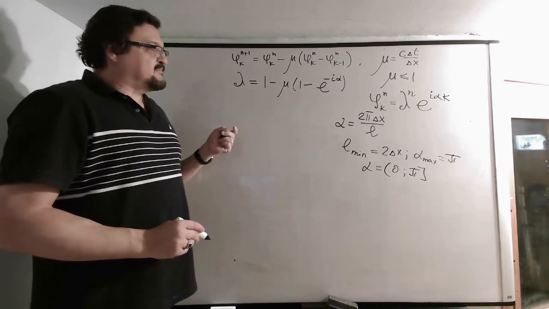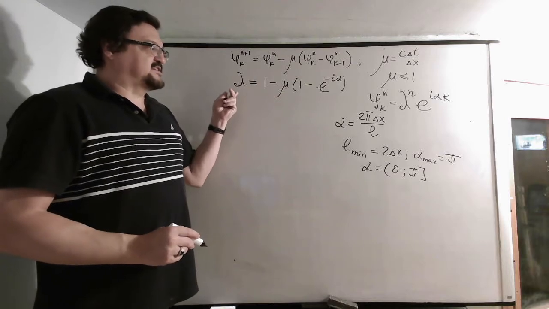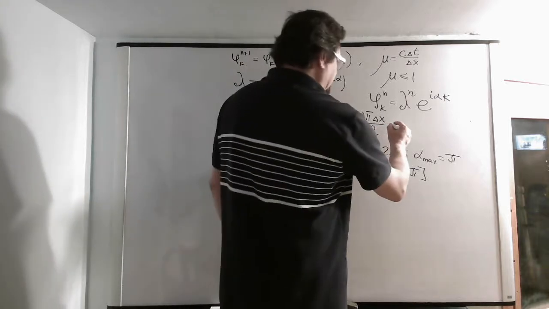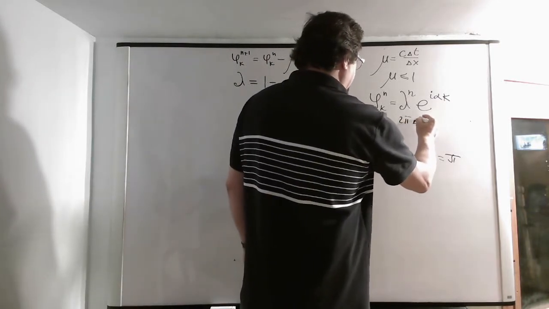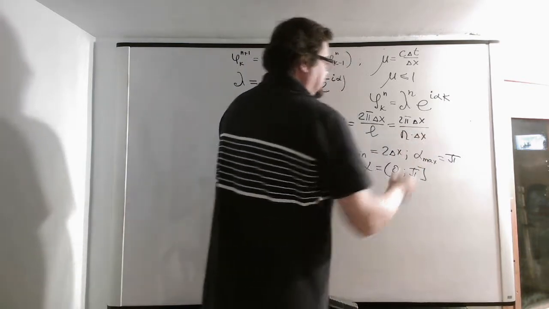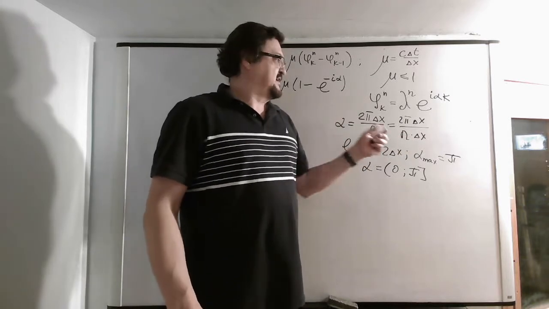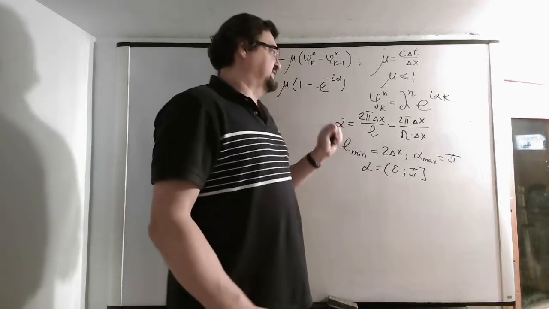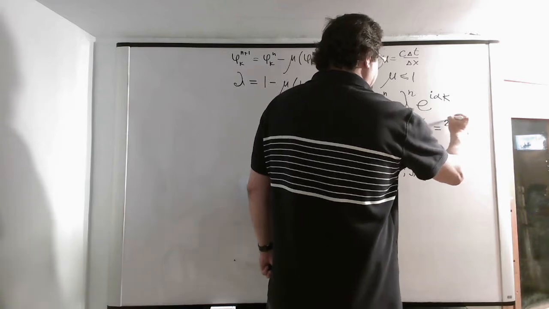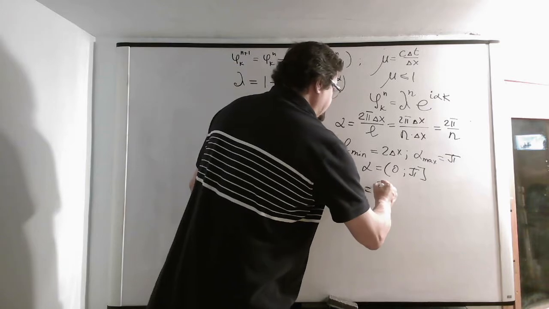So what's the amplification factor for different wavelengths? If we write alpha as 2 pi delta x divided by L, where L is some n times delta x, so n is the number of delta x's you fit in this wavelength, we get that alpha is 2 pi divided by n, so that n equals 2 pi divided by alpha.